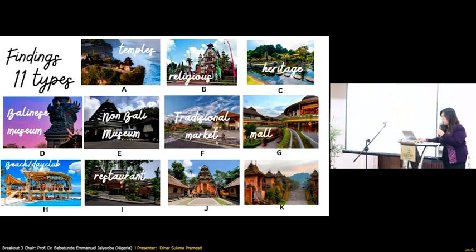The next type is restaurant. This is a picture of the Waya in Ubud. And the next one is Puri or palace, like Puri Ubud, Puri Anom in Tabanan, and many Puri in Bali. And the last type is village, like Penglipuran and Tenganan, with traditional village houses.